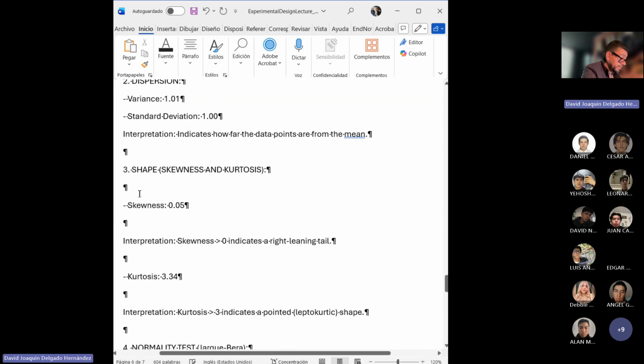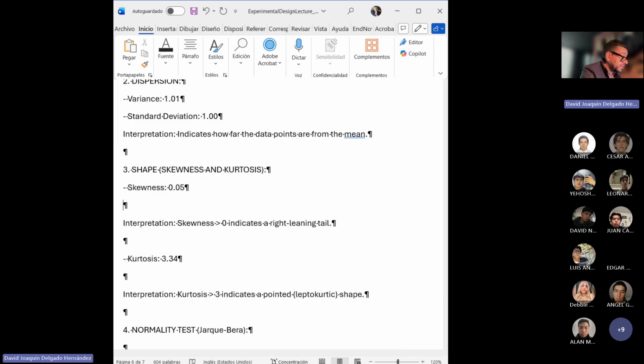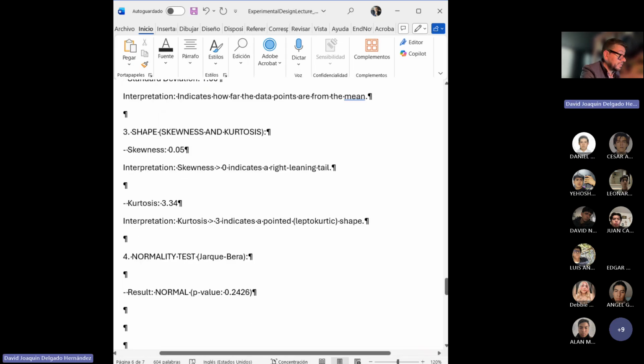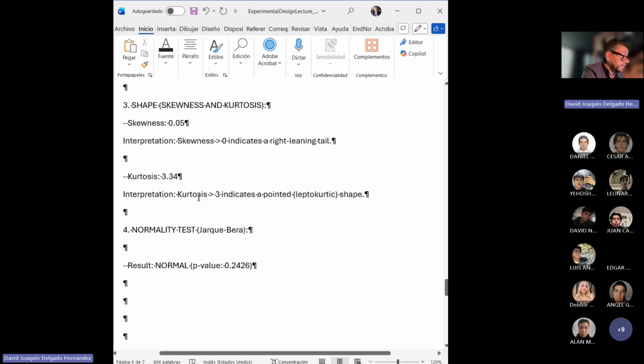What about the shape? Skewness is 0.05. In this case it is positive. It means that there is a right leaning tail. So it is a little bit to the right, okay? And kurtosis, in this case, is 3.34, which is greater than 3, and indicates a pointed shape.